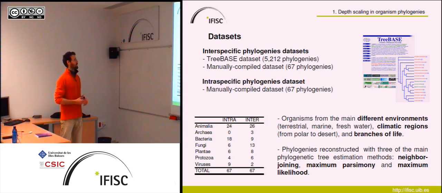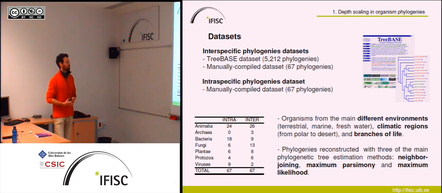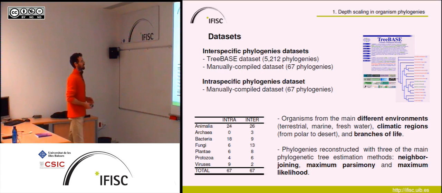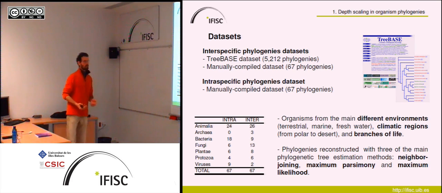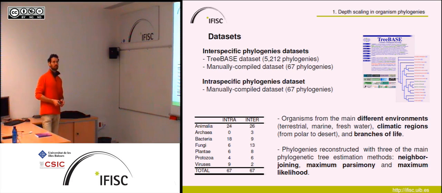For the intraspecific phylogenies, since there isn't any public database of compiled intraspecific phylogenetic trees, we used a manual compilation of 67 intraspecific phylogenetic trees. In order to see if this small set was comparable with the large set of phylogenetic trees, we also compiled manually a set of interspecific phylogenetic trees.